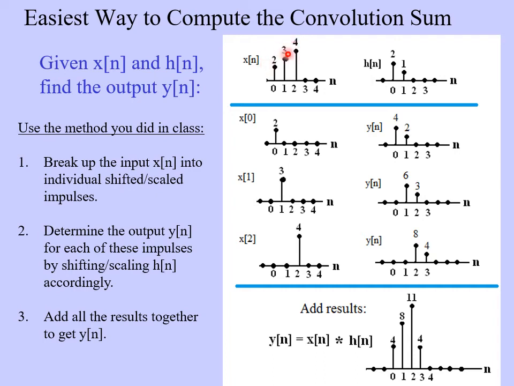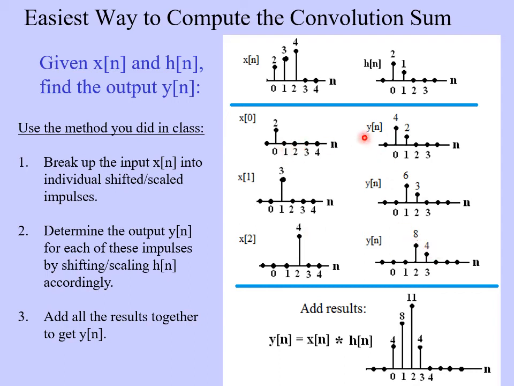Remember, you take x of n and break it up into its individual pieces, and you find the output to each piece by scaling the impulse response by the value here. So this value of 2 made the 2, 1 become a 4, 2. The 3 made 2, 1 become 6, 3, and the 4 made it become 8, 4.